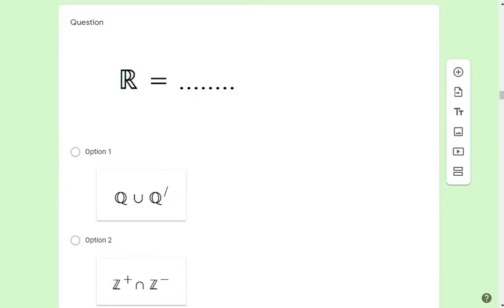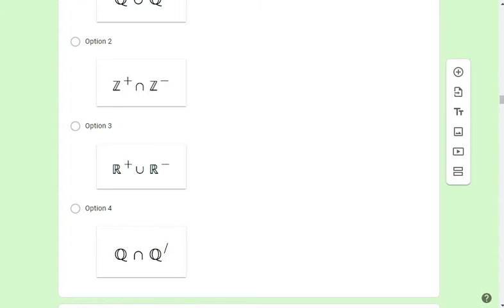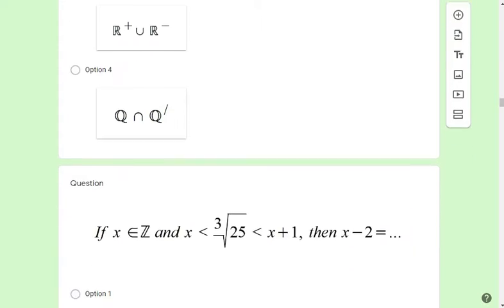The next, the set of real numbers R equals what? Choose one of the following answers: Q union Q dash, the set of positive integers intersection the set of negative integers, R positive union R negative, or Q intersection Q dash.